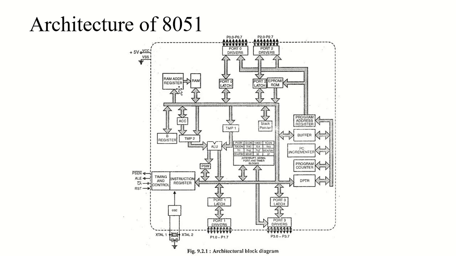Then we have the internal memory that you can see. For proper operation of the computer system, the system should have memory for program code, right? Memory for program code is normally in RAM and ROM, so that the data can be changed whenever the program is being executed, right?